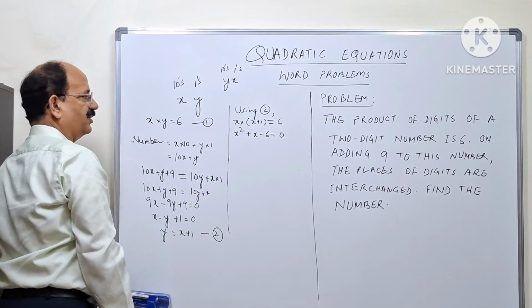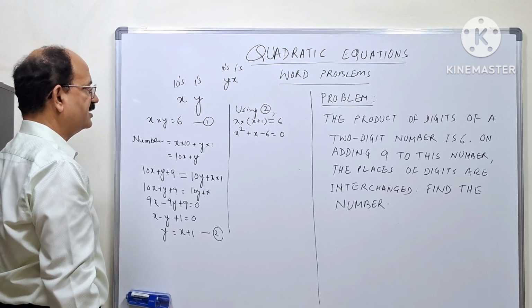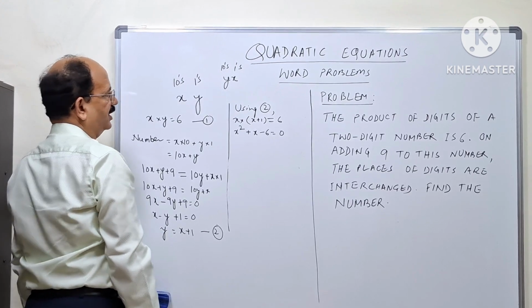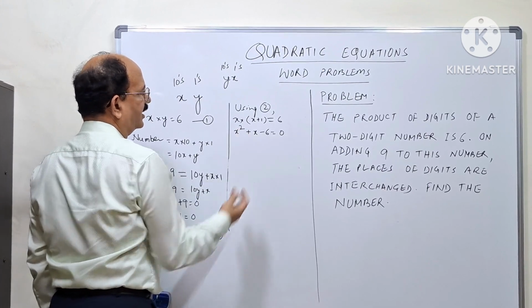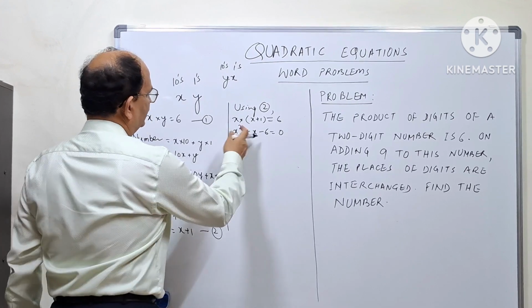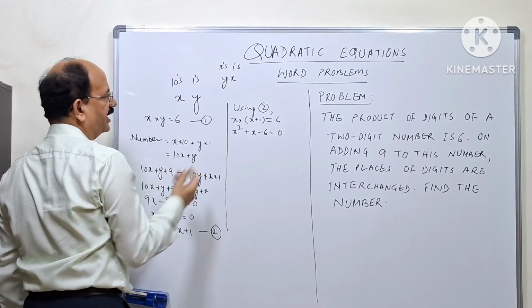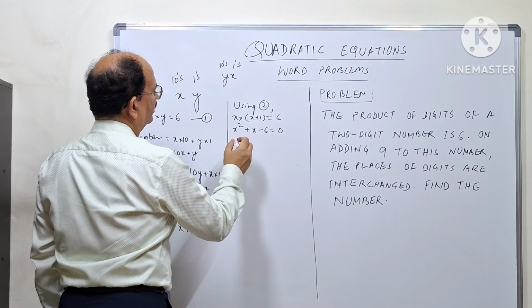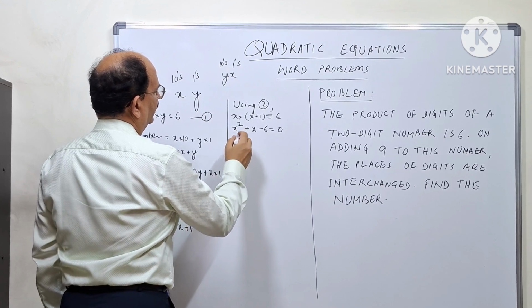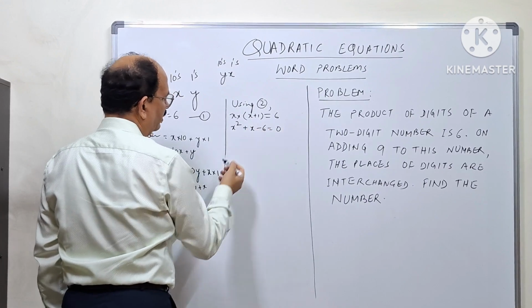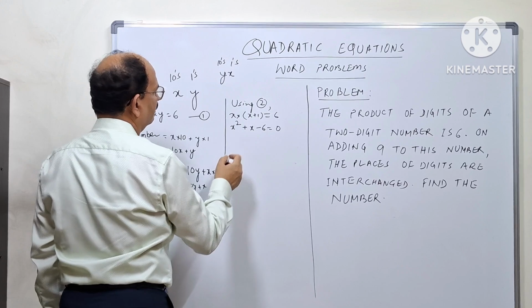So x square plus x minus 6 becomes equal to 0. Now if I have to solve it, I can use any of the three methods which I have discussed. Because the numbers are smaller, we can try splitting the middle term, or let's try the quadratic equation formula this time.